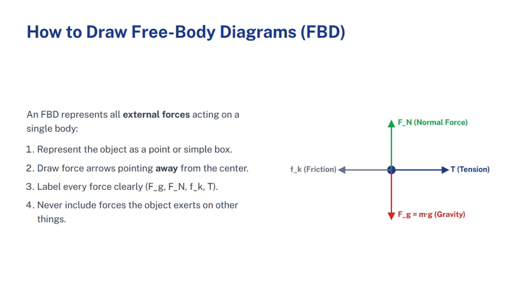In physics, you're going to need to know free body diagrams, which represent all the forces acting upon a single body. The normal force is always perpendicular to the ground, I think, to the plane, and the force of gravity is always pointing downwards no matter what.